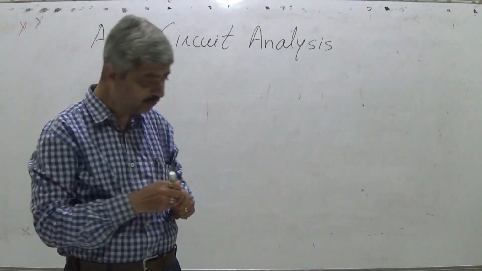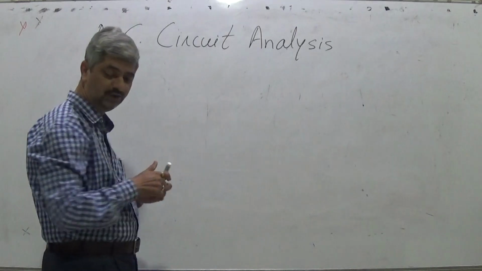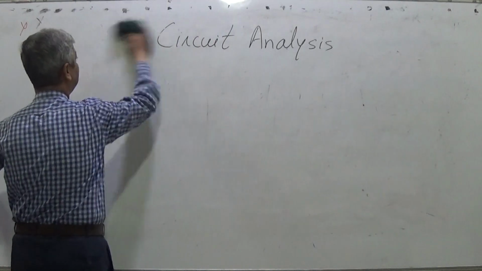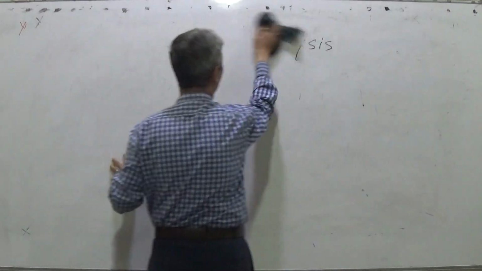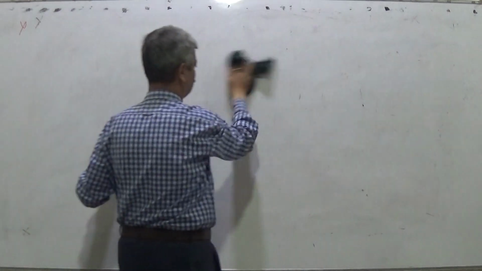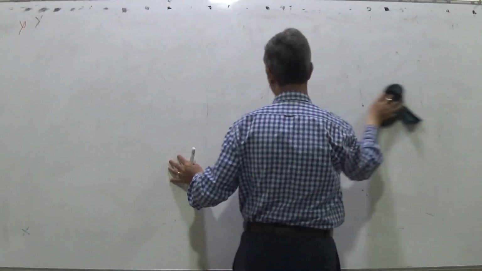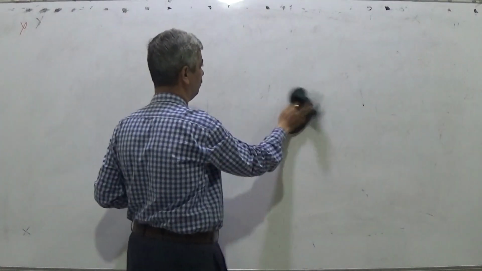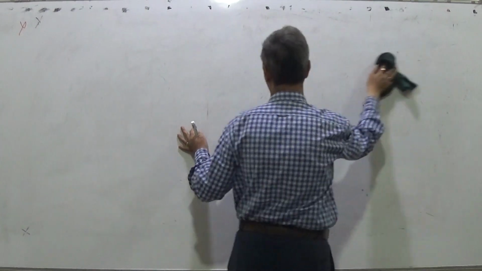So we have a voltage source which is of the nature sin omega t or cos omega t, or in general it is sinusoidal. Whether it is sin or cos depends upon when you start, at which position you are.